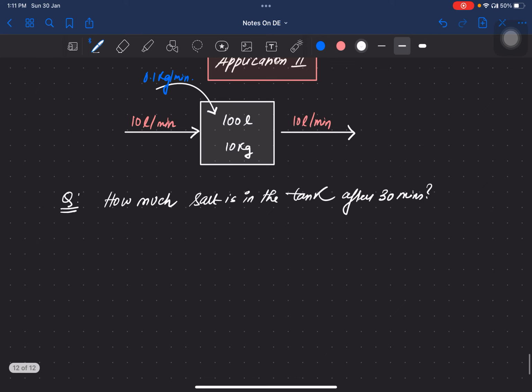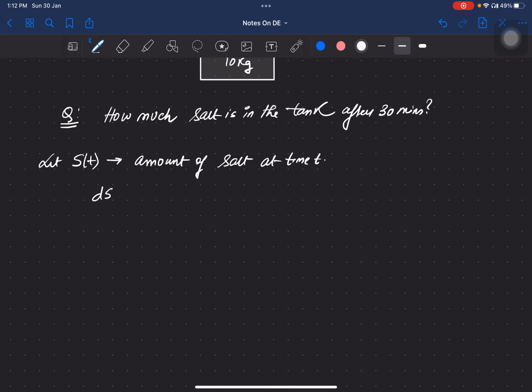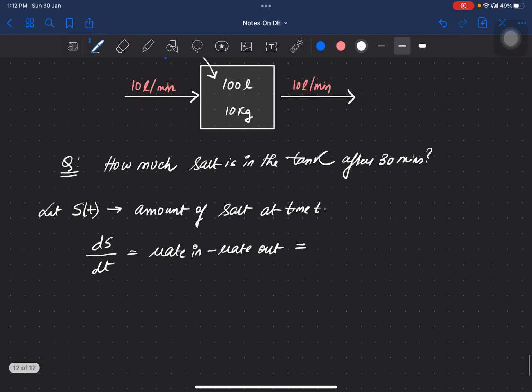So we set up a differential equation according to this problem. Let S(t) denote the amount of salt at time t. So dS/dt denotes the rate of change. So this is rate in minus rate out. Rate in we know is 0.1.